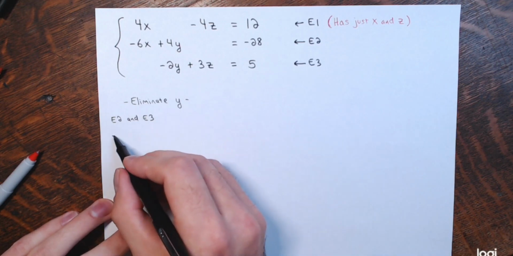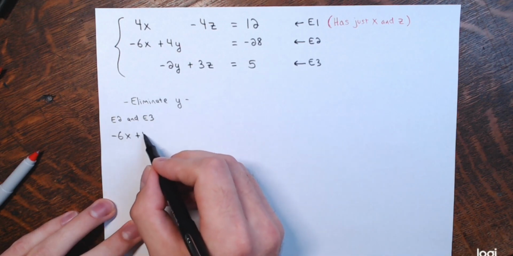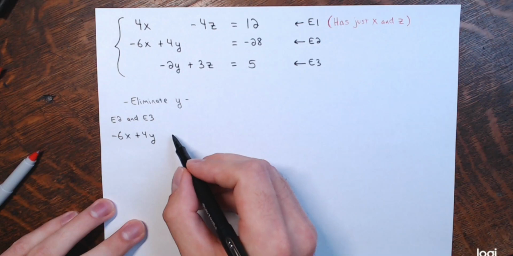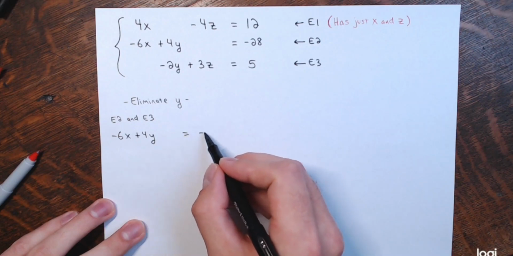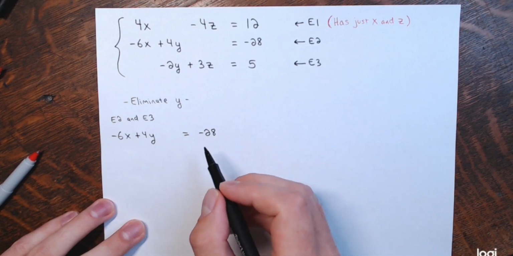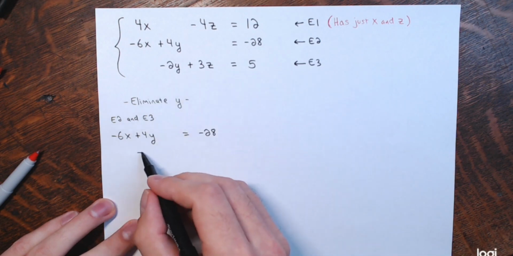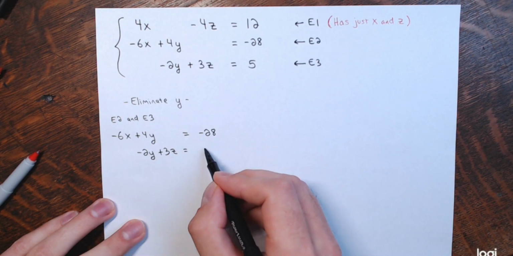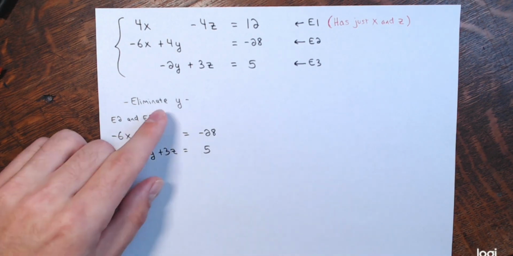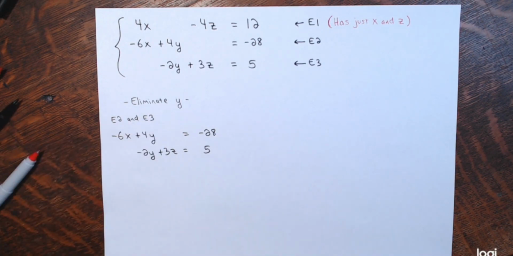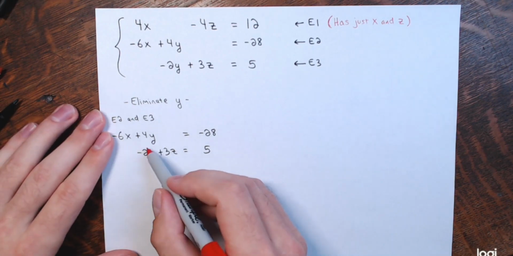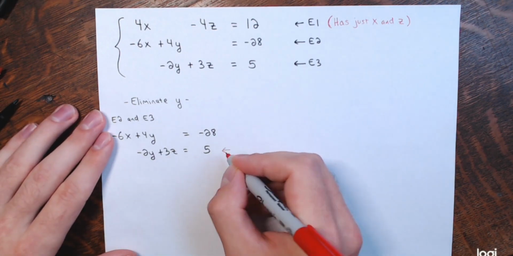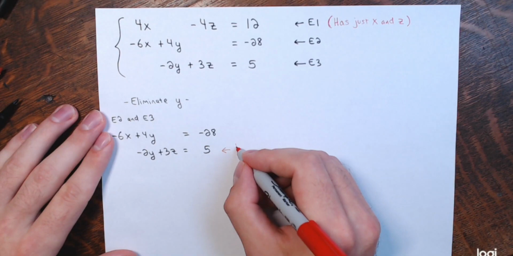All right, so equation 2, that's negative 6x plus 4y equals negative 28. And then equation 3, negative 2y plus 3z equals 5. And once again, I'm saying I want to eliminate the y's. Well, that'd be pretty easy to do. All I need to do is multiply equation 3 here, this equation, by 2.